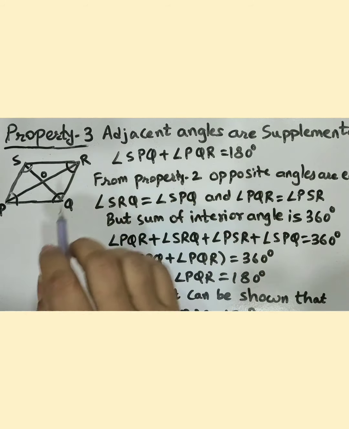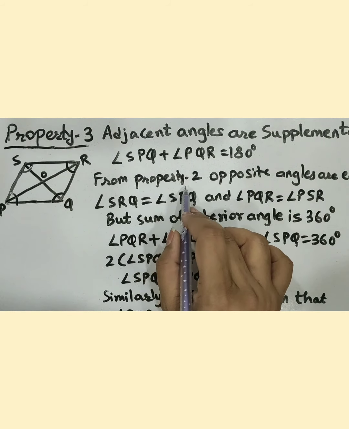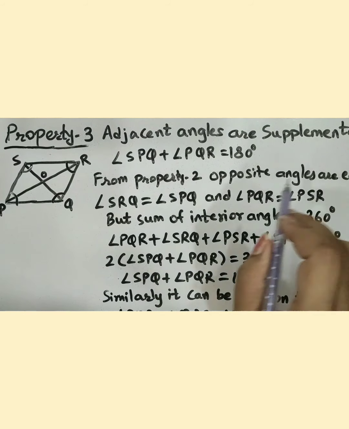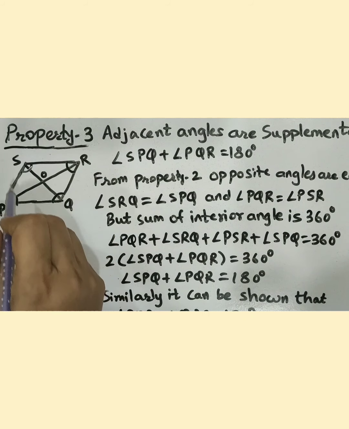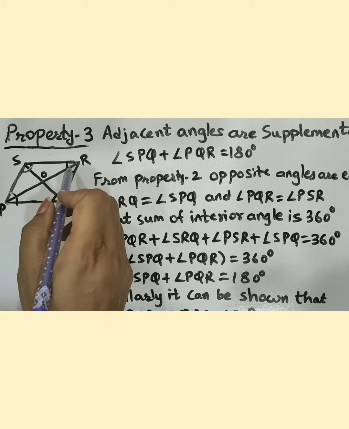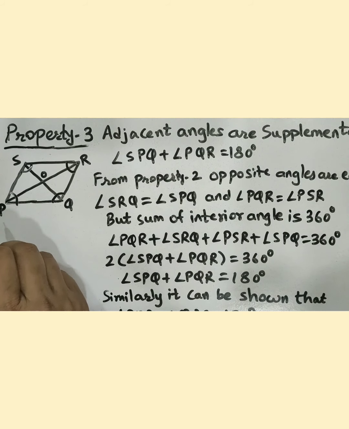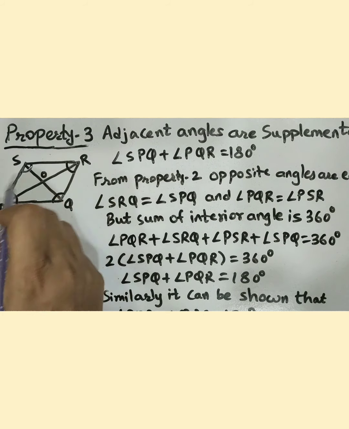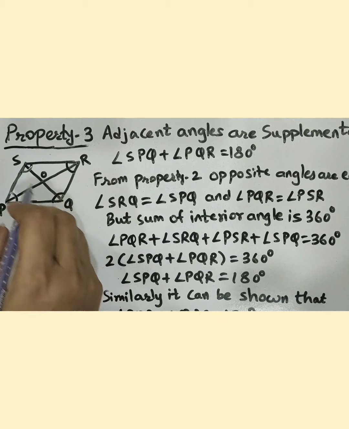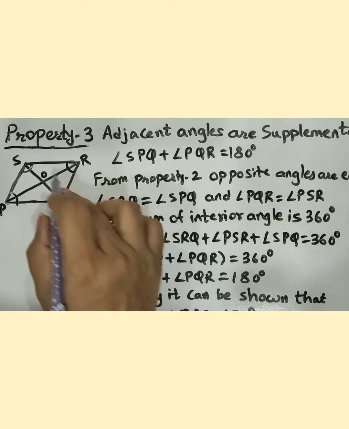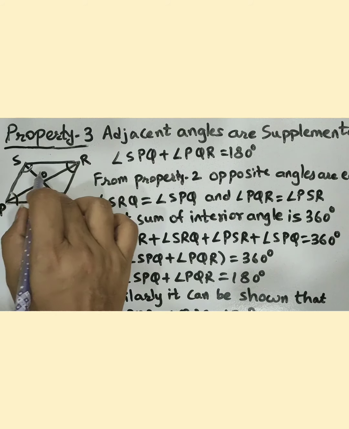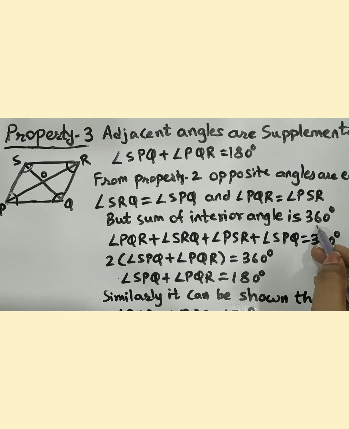Now let us verify. According to property 2 of the parallelogram, opposite angles are equal. So I can say that SRQ and SPQ both are opposite angles, so they are equal. Similarly, PQR and PSR both are opposite angles, so I can say that they are equal. But the sum of the four interior angles, if I add them all, is going to be 360.